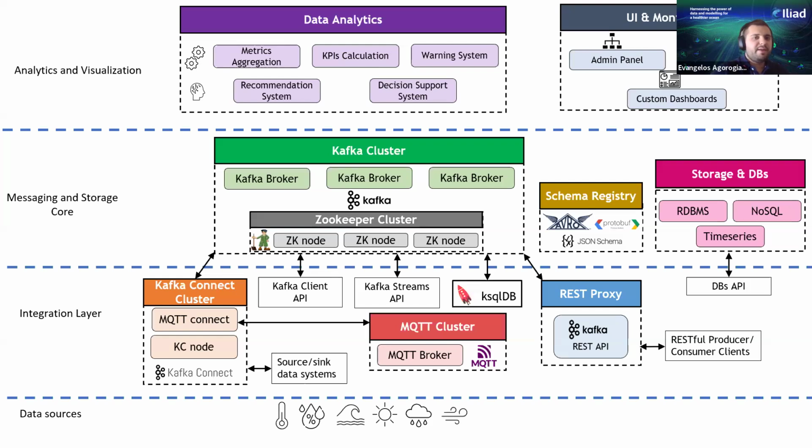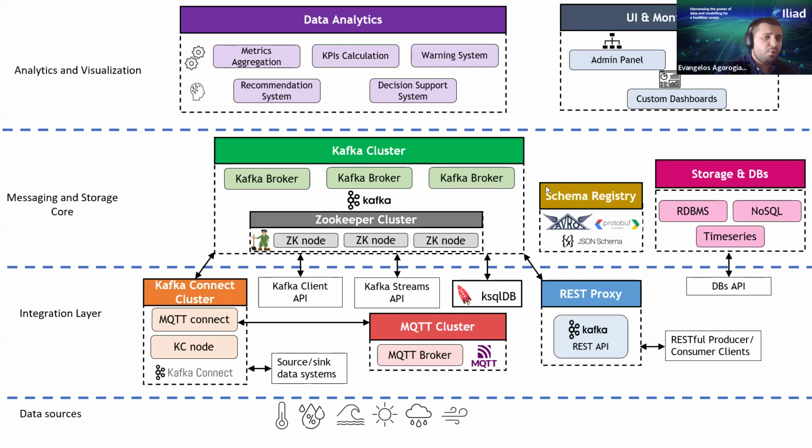Moving on, we have the StreamHandler messaging and storage core layer. You can see that this layer also consists of multiple modules. It is the main pillar of the platform, since it ensures reliability for data transmission, storage, and retrieval.